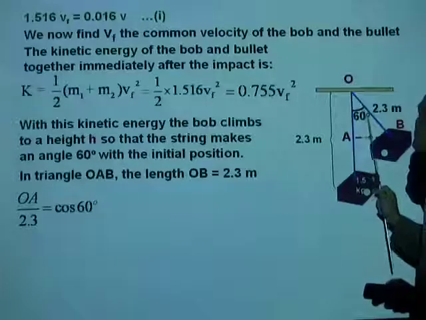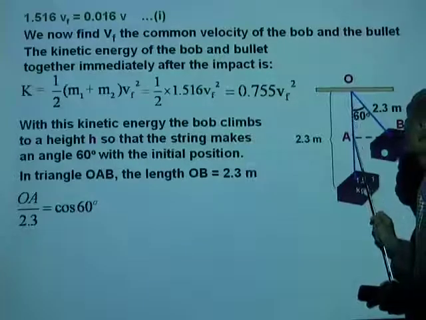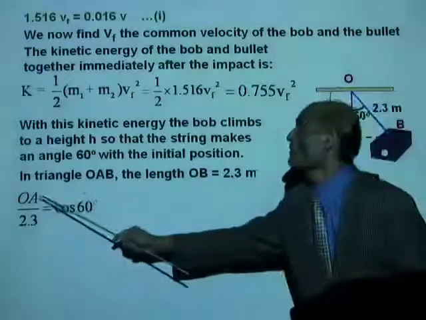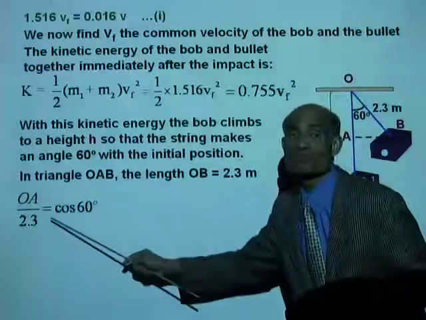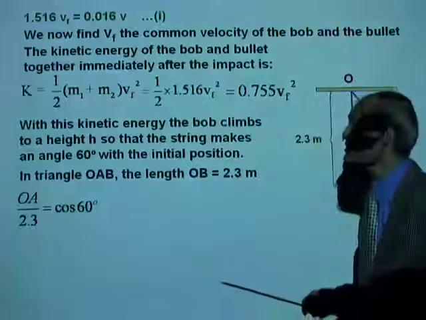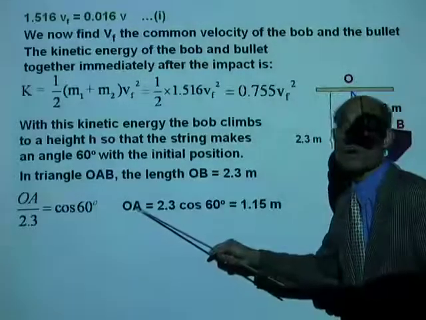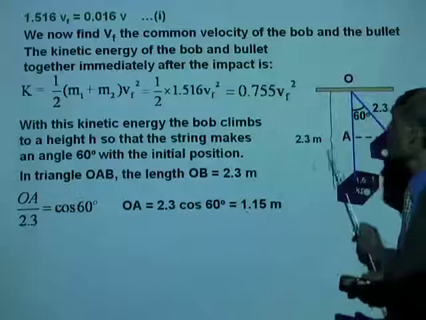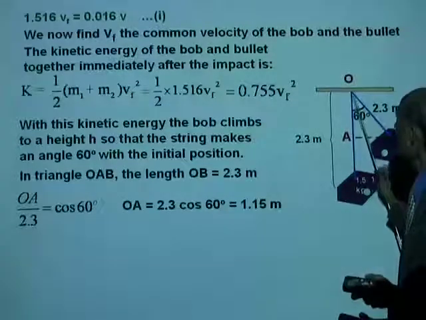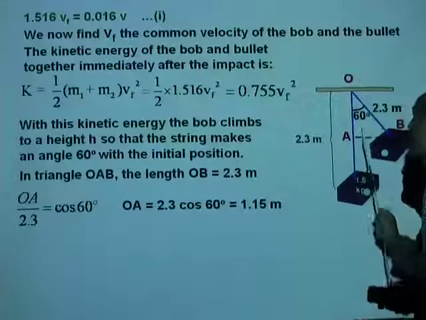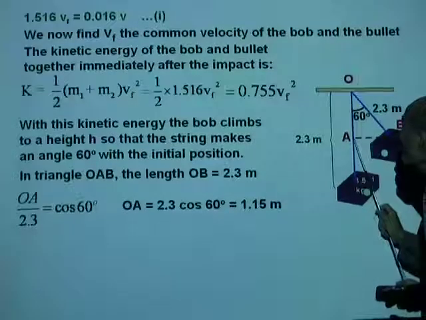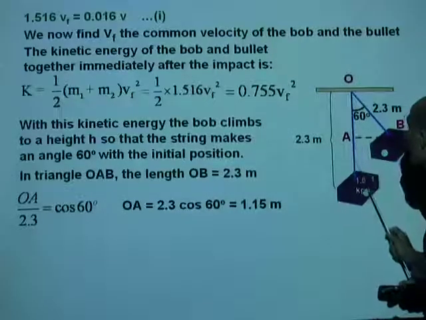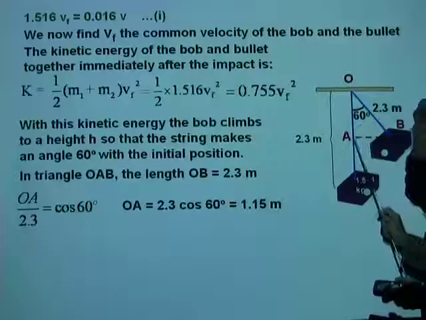If this is 60 degrees, OA is the adjacent side and 2.3 is the hypotenuse. Therefore, OA divided by 2.3 is cos 60 degrees, and that gives us OA equal to 2.3 cos 60 degrees. That is 1.15 meter.